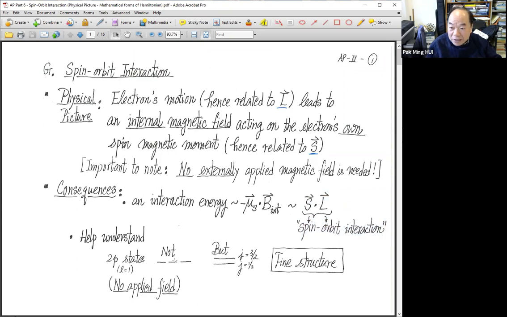The end result is that after we understand the origin of this, after we do perturbation theory with the total angular momentum as the new basis, the new accounting scheme, we can understand why in the real data, the two p states are not all the same energy, but split into something like this, a tiny splitting. That is called the fine structure. All right, so that is the big picture.